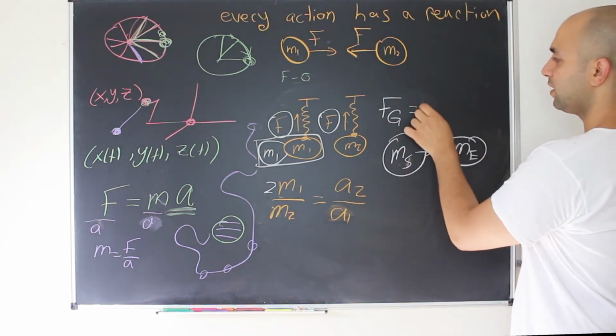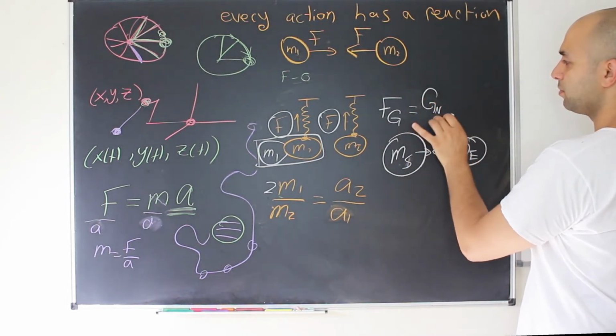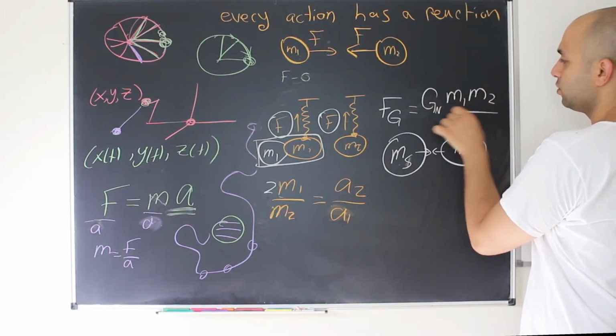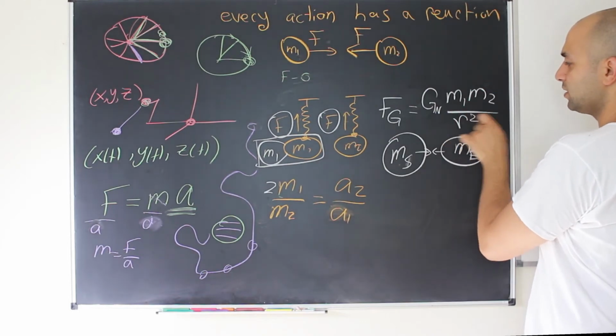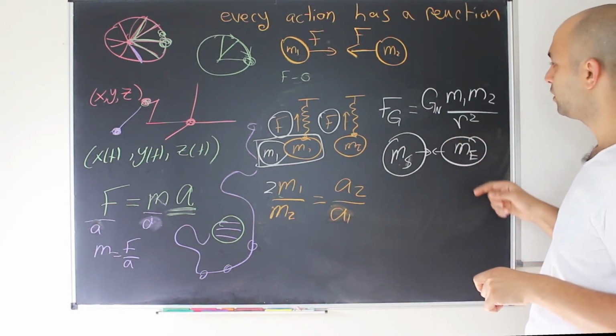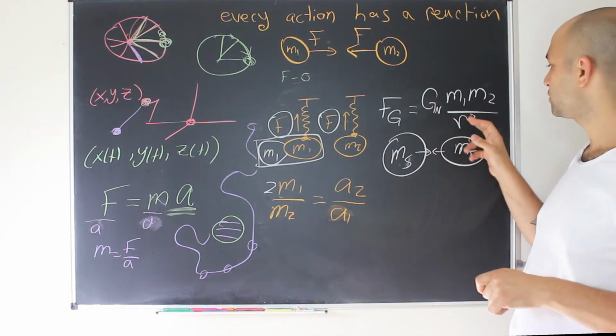And the magnitude of that force is Newton's constant, some number, times the first mass times the second mass over the distance between them squared. So this is the distance from the earth to the sun. I think it's like 150 million kilometers or something like that.